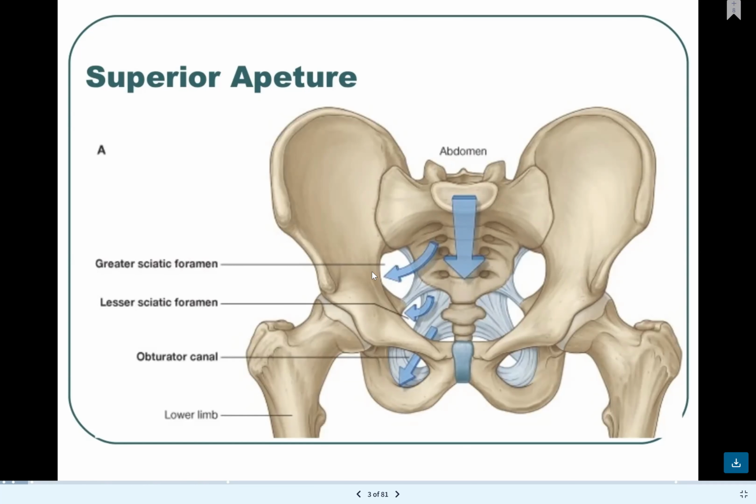So when we take the pelvic cavity, we have where the sciatic nerves will pass. We'll be looking at all those things, and then the obturator canal. So we have some foramina within here. We have the greater sciatic foramen and then the lesser sciatic foramen, and it is just a ligament that separates them, which we'll look at very soon.